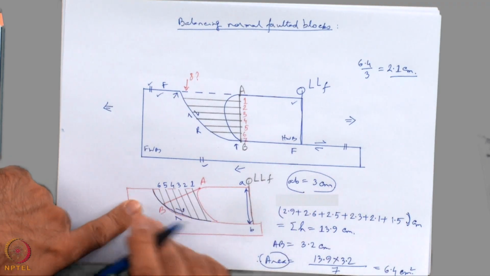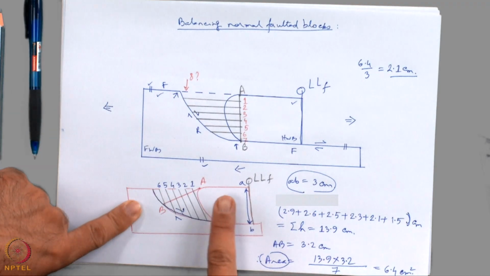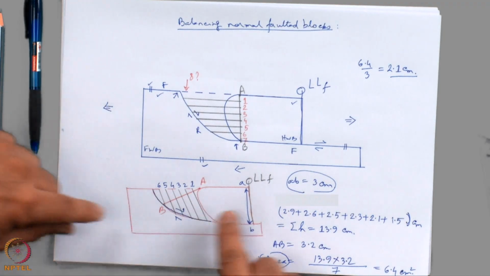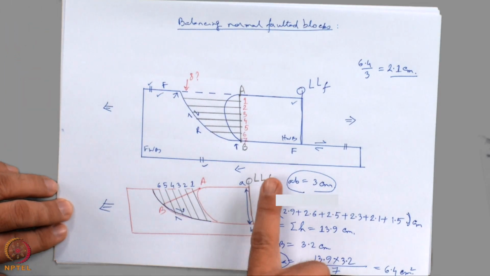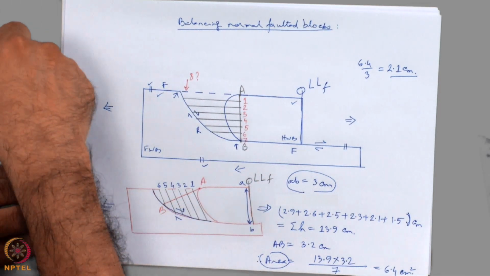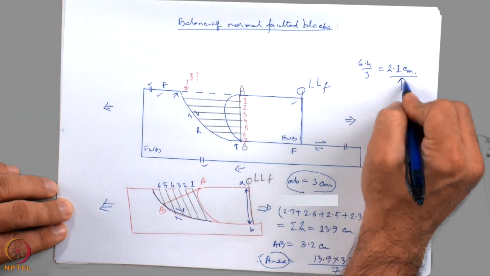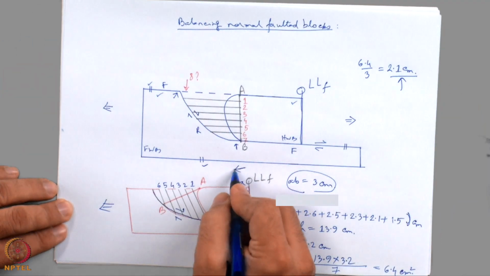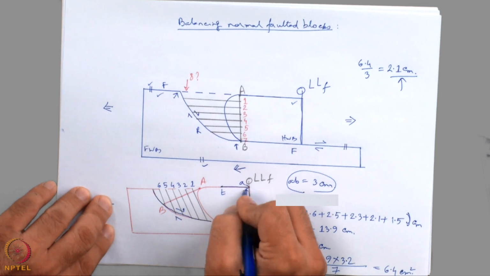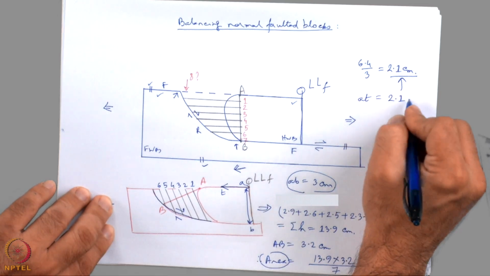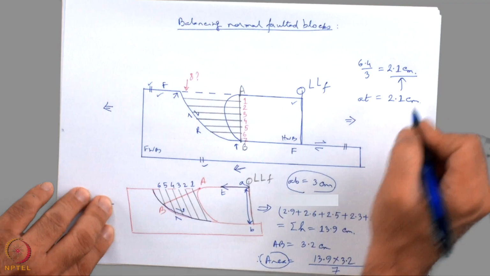The reason is obvious. The loose line initial was here. By faulting due to tectonic extension, it will shift away from the fault in case of normal fault. Therefore, this length 2.1 centimeter I have to draw in this direction. This AT distance is equal to 2.1 centimeter.